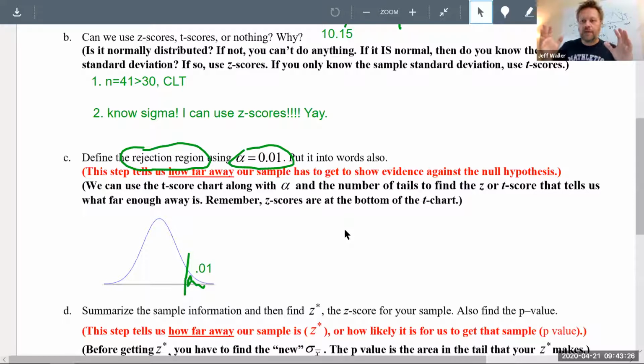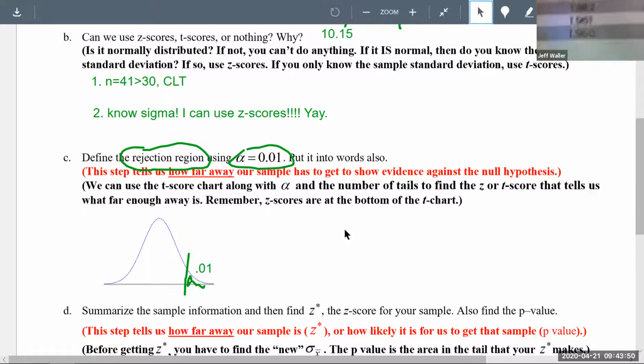The bigger the sample gets, the less I need a T-score, because the reason T-scores exist is because S is not a good estimate for sigma unless the sample gets large. So when my sample is large, I can use z-scores.